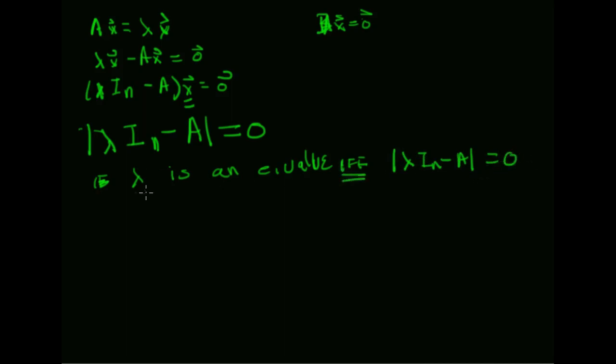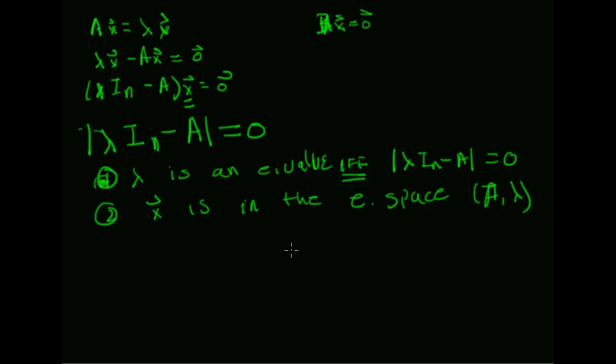So this is an if and only if. And number 2, x is in the eigenspace determined by A and lambda if and only if lambda times I minus A times x is equal to the 0 vector.